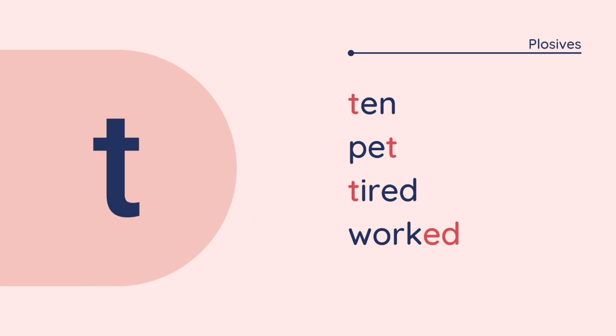Even though the letters that are represented are different, the sound you hear is more important than the letters you see. So the ed in worked is sounding as t, and that is why we include it as an example of words that contain consonant t.